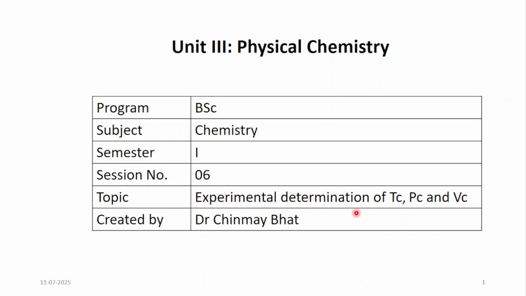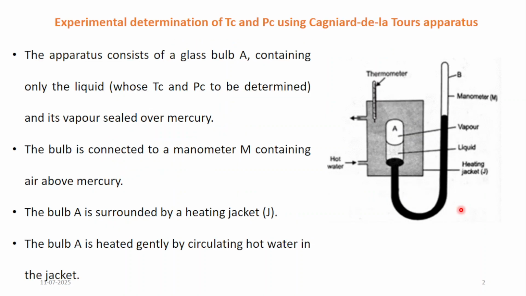So dear student, in this session we will learn how to experimentally determine critical constants Tc, Pc and Vc. Cagniard de la Tour developed an apparatus for the experimental determination of critical temperature and critical pressure.